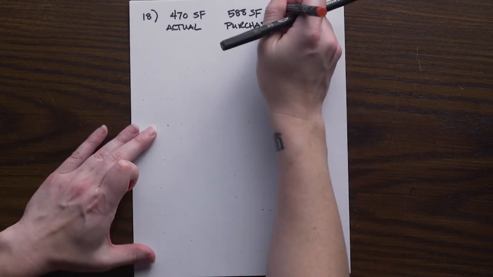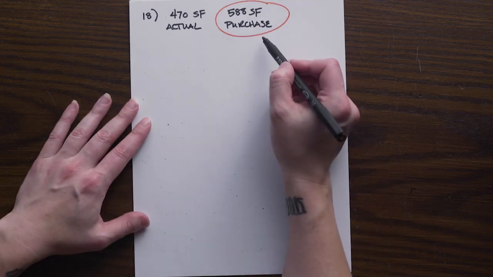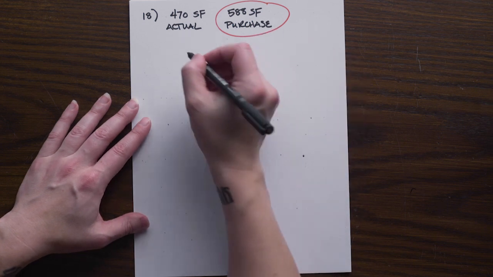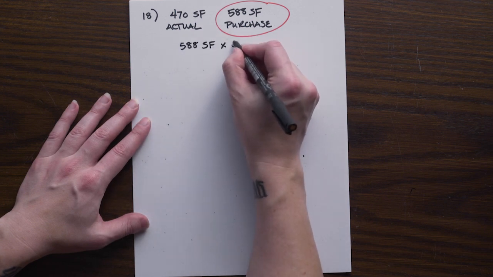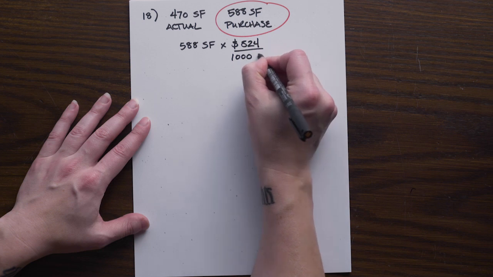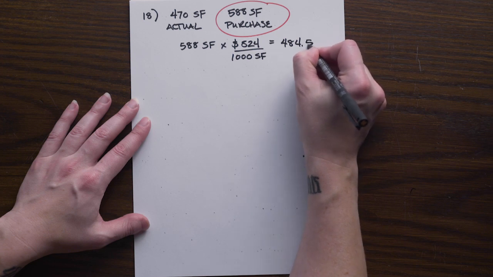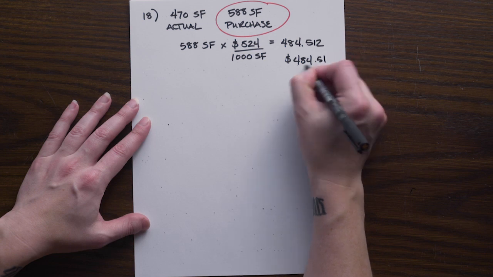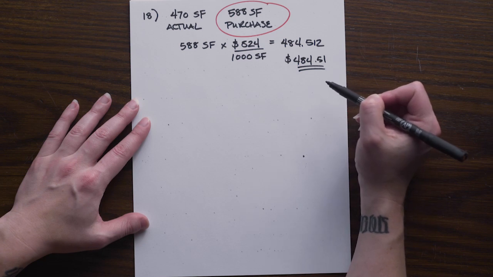Well, the fact that it says purchase should lead you to understand that even if you didn't quite know your answer, the purchase relates to the dollars and cents. So we take our 588 square feet times our cost of $824 per 1,000 square feet, and we come up with 484.512, so roughly $484.51. If you wanted to round up to the nearest whole number and just say $485, that would be perfectly acceptable.